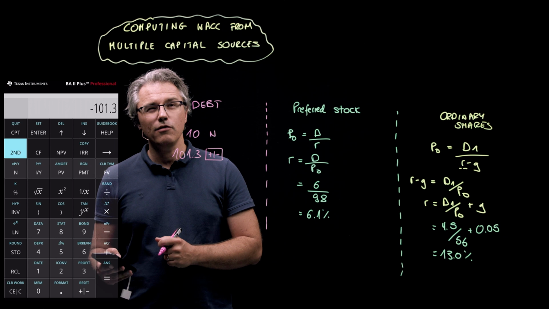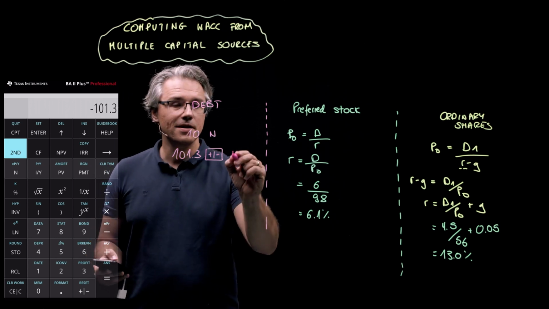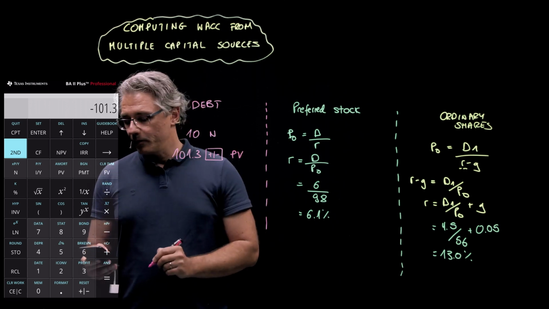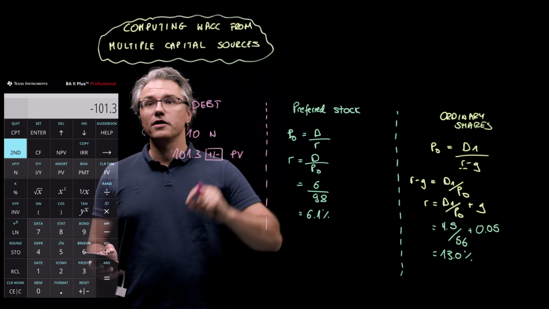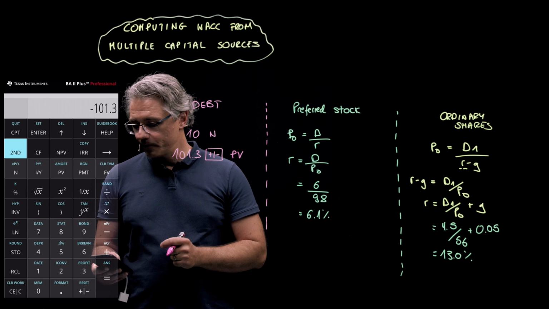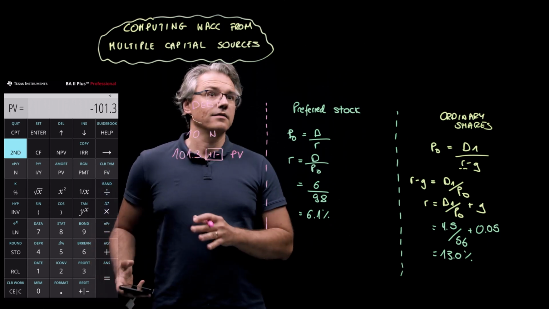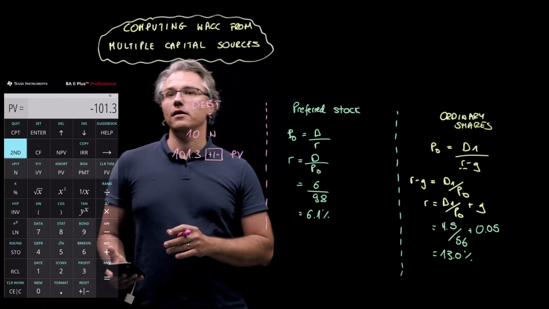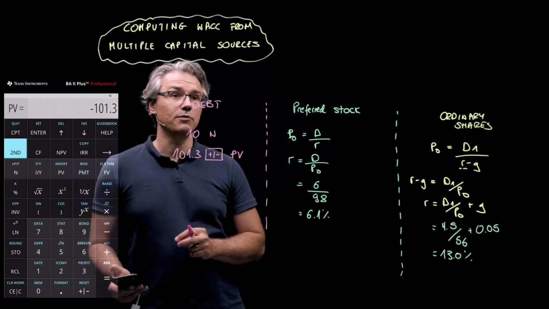That's a negative cash flow. And next, the PV key on that third row of keys from the top on your calculators, where we've got the time value of money worksheet. Okay, that's set, and the calculator has accepted this as the input for PV.